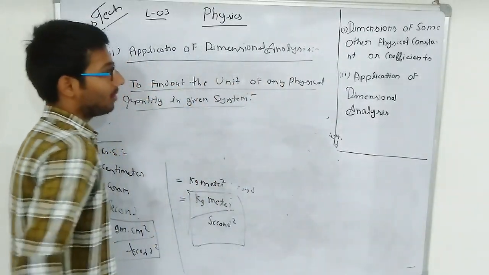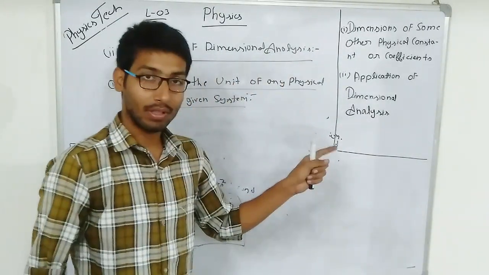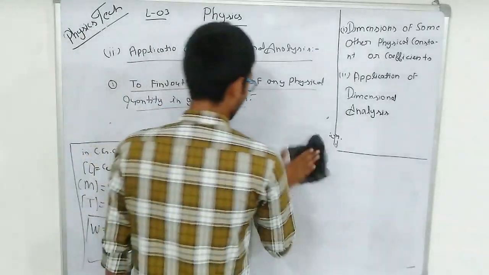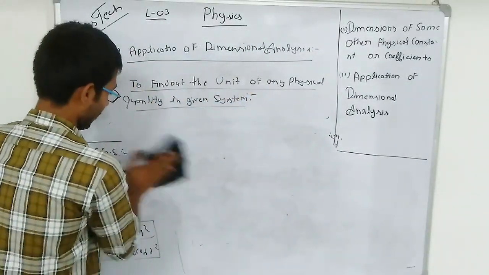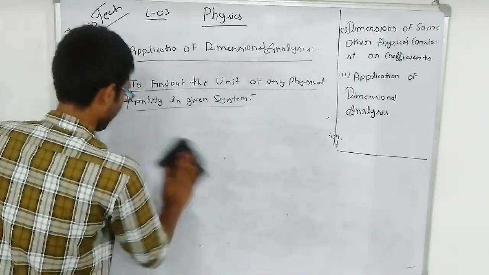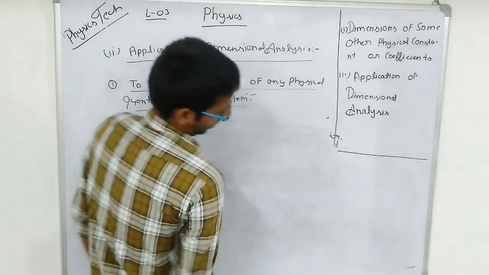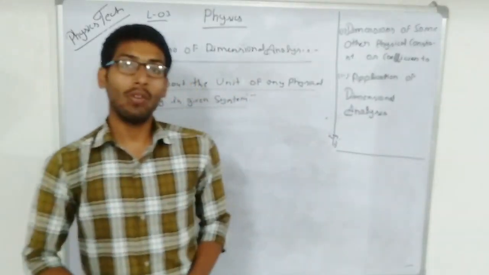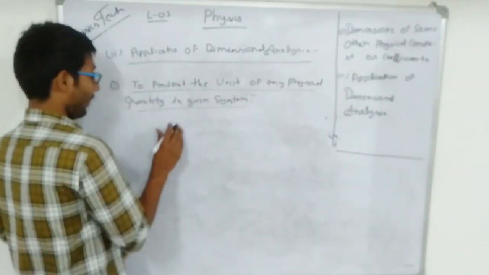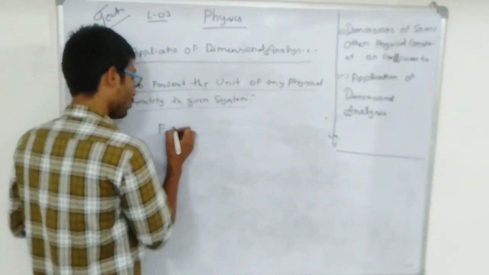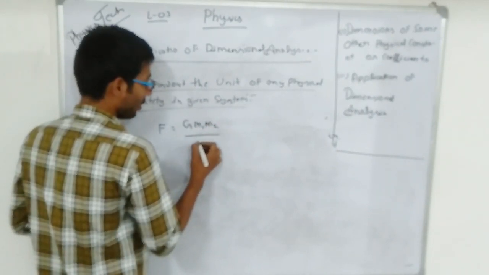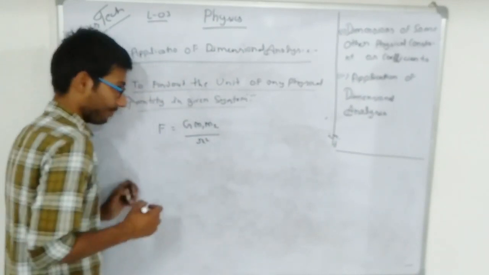Let's find out the unit of any constants. What is the unit of capital G? We know that F is equal to G m1 m2 upon r square.